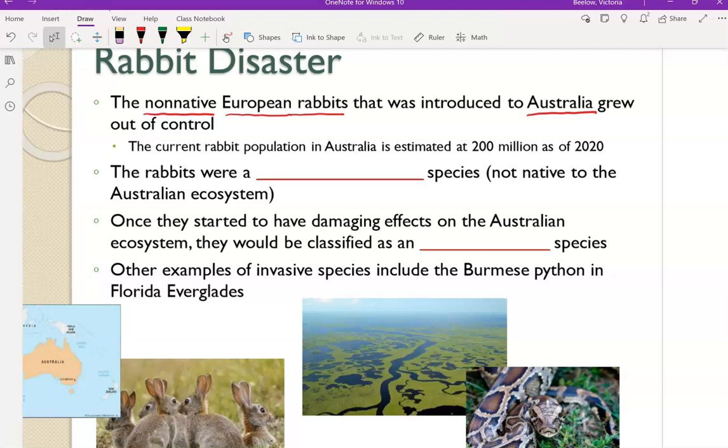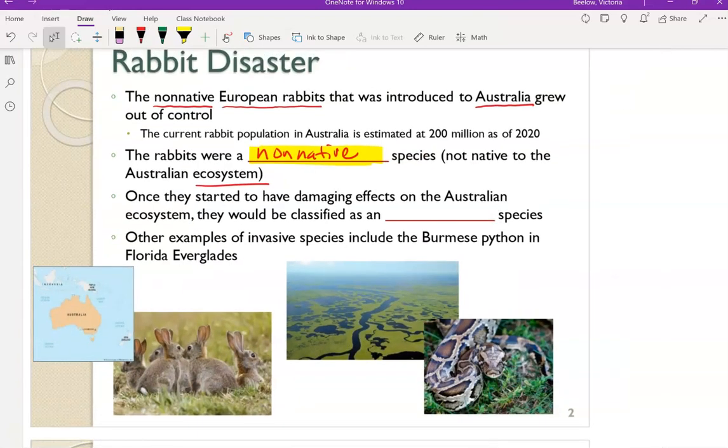So the rabbits were considered, again, a non-native species, meaning they weren't native to that area, the Australian ecosystem. However, they had wreaked havoc on the Australian ecosystem. They were doing as bunnies do.